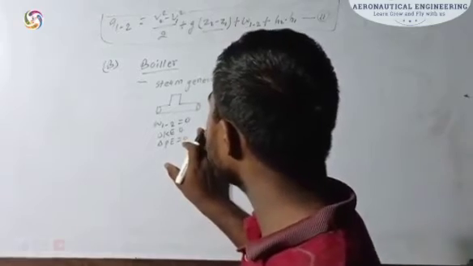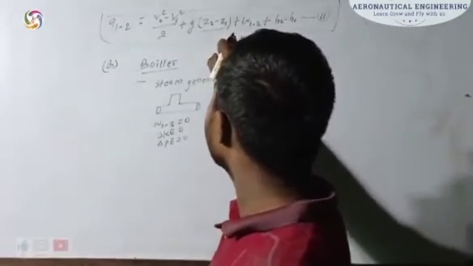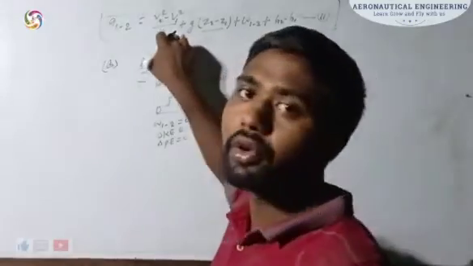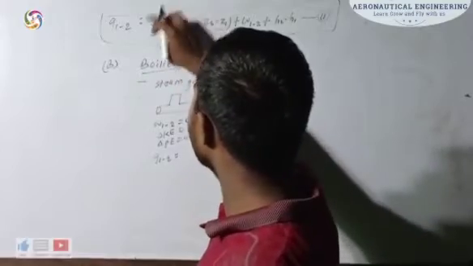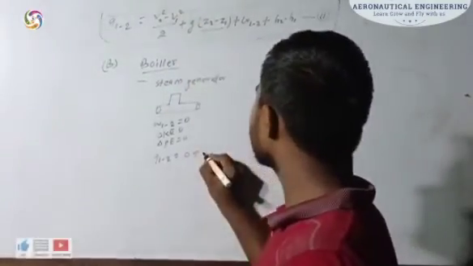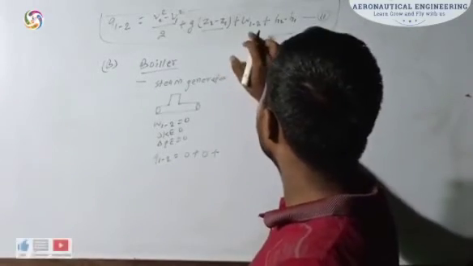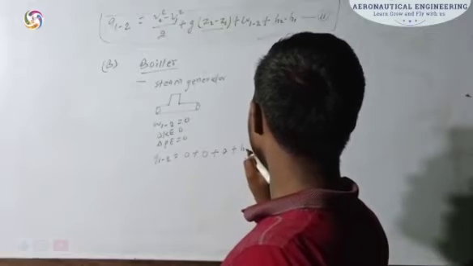If we substitute this case in the equation, we get the steady flow energy equation for the boiler. See, this term becomes 0, kinetic energy 0, plus potential energy also 0, plus work done is also 0, plus H2 minus H1.